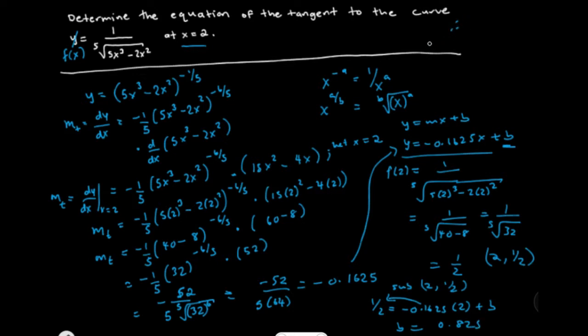So this gives us the equation of the tangent, which is y equals negative 0.1625x plus 0.825. And that is the equation of our tangent.